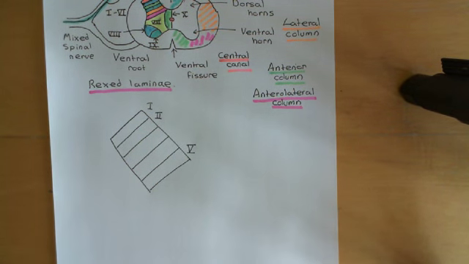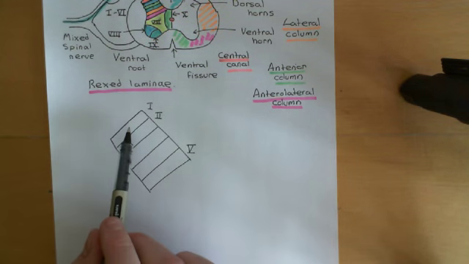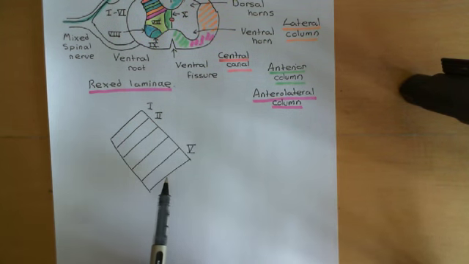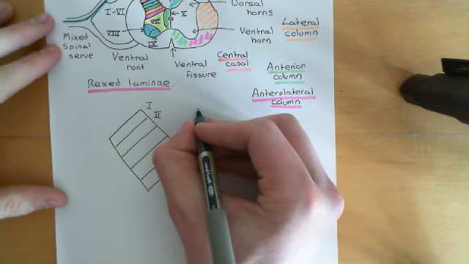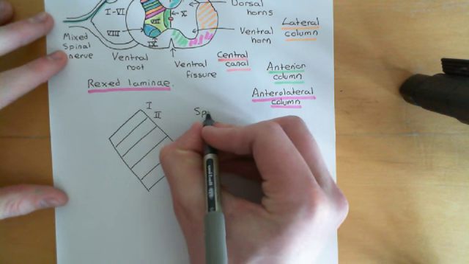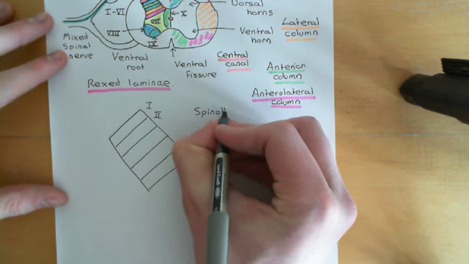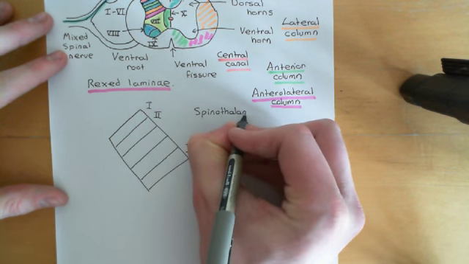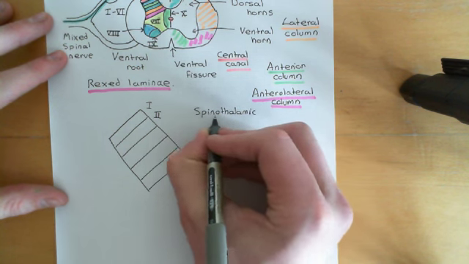Okay, so basically the secondary neurons, which are the neurons that the primary nociceptive afferents are going to synapse on, are going to be in Rexed lamina number 1 and Rexed lamina number 5. These secondary neurons are going to be called spinothalamic projection neurons, because they are going to project up to the thalamus from the spinal cord.